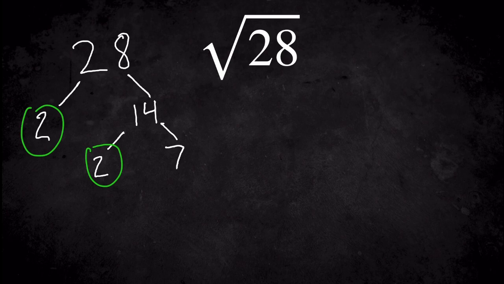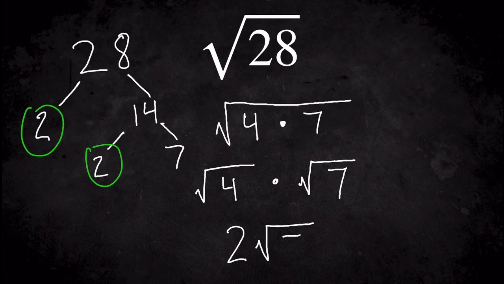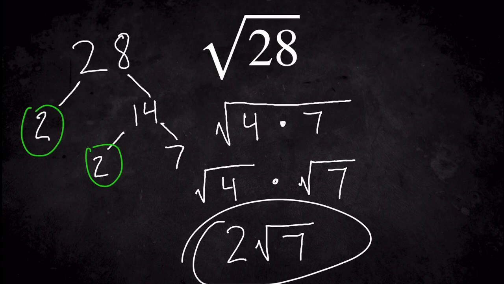So that would be the square root of 4 times 7, which is equivalent to the square root of 4 times the square root of 7, and that is simply 2 times the square root of 7. And there we go.